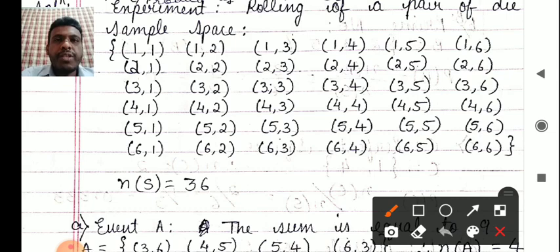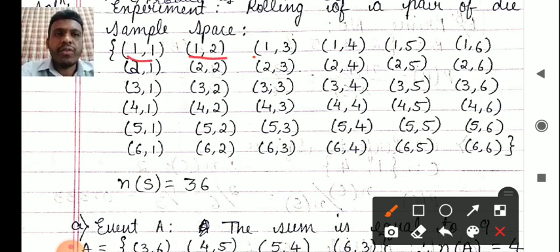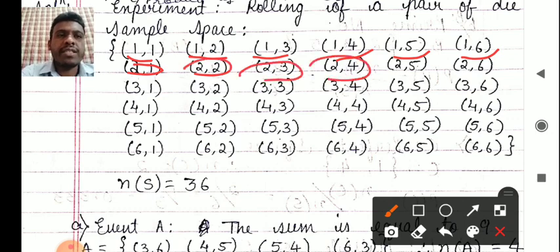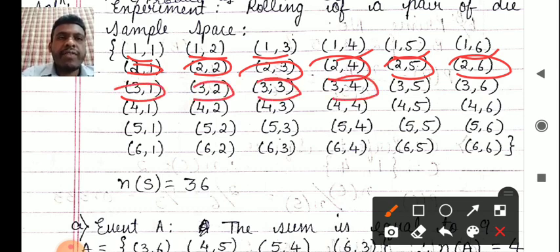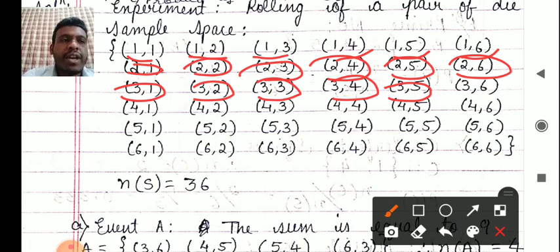Here the sum is the total, that is addition. 1 plus 1 is 2, 1 plus 2 is 3, 1 plus 3 is 4, here 5, 6, 7, total is 7. Here the total is 3, 4, 5, 6, 7, 8. For the first time I'm getting the sum equal to 9.